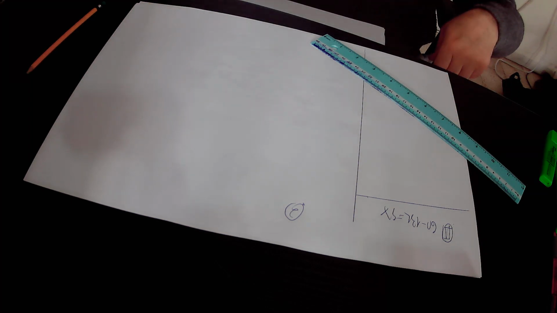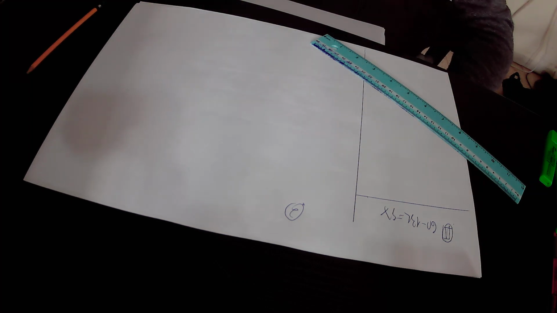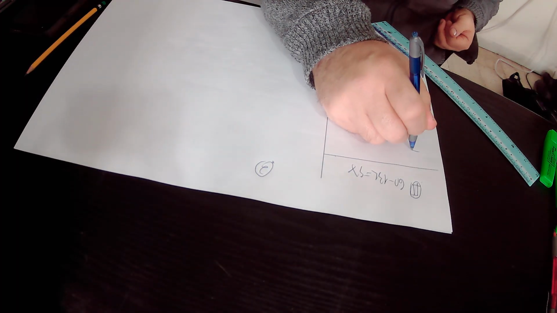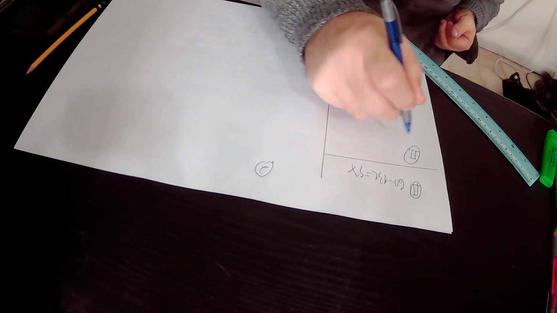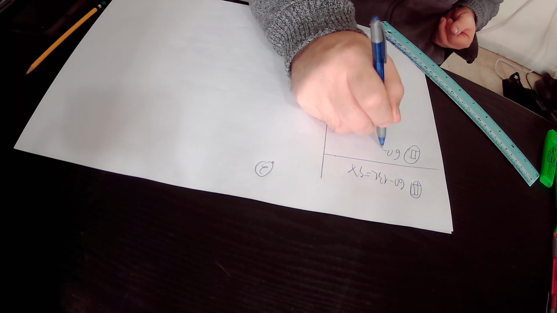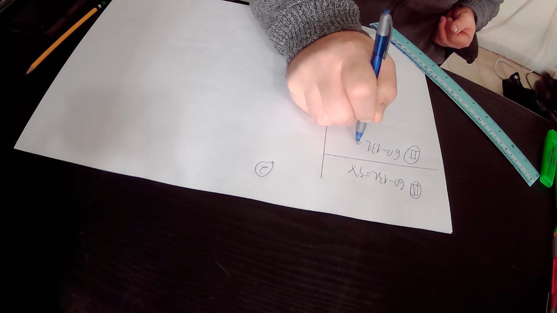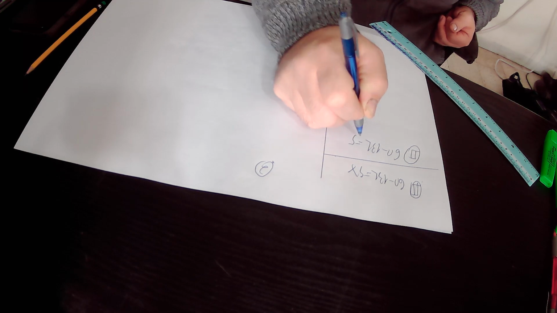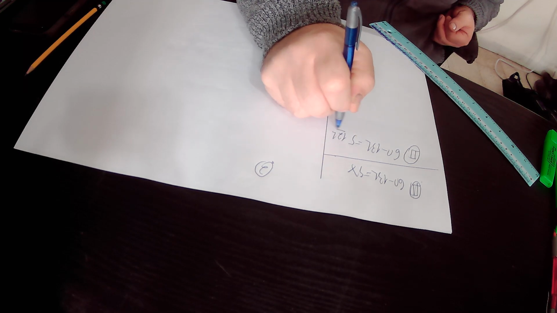We do it now, we get that according to equation 2, 60 minus 13L equals 5x, and according to equation 1, x equals 12L over 13.